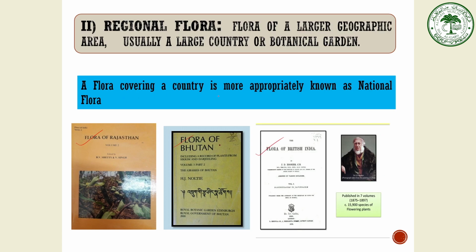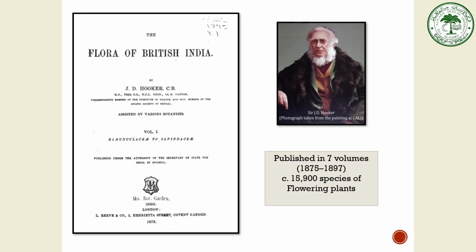This is a flora more appropriately known as the national flora. The Flora of British India was published by Sir J. D. Hooker, present in seven volumes, covering about 15,900 species of flowering plants.